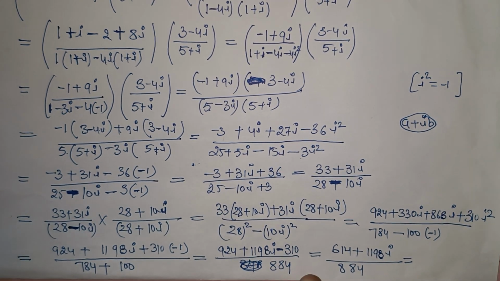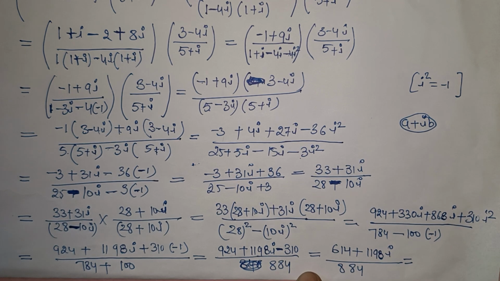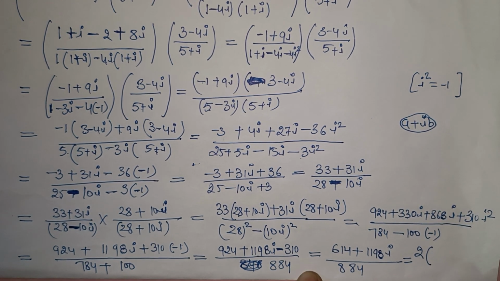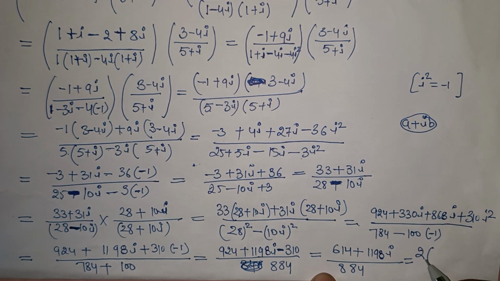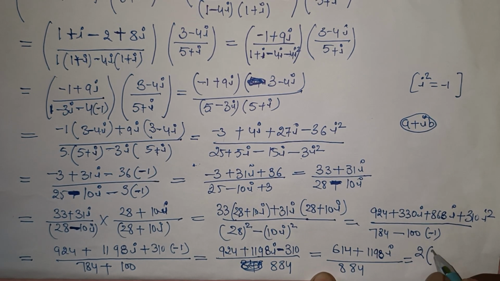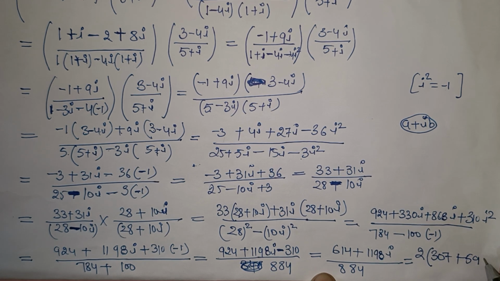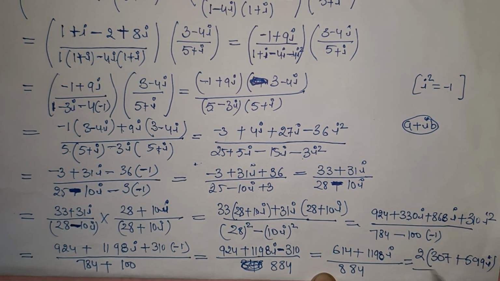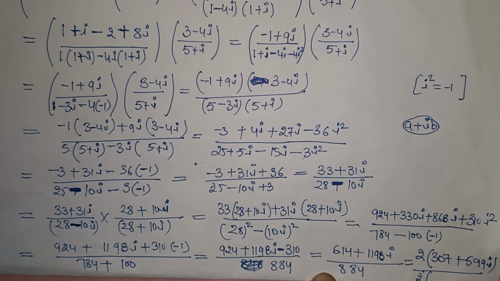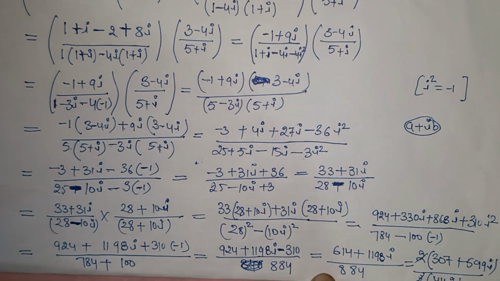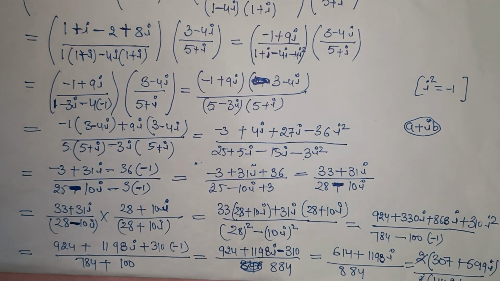Now we can take 2 as common from the numerator and denominator. When we take 2 common, the terms change into 307 plus 599 iota, divided by 2 into 442, and the 2s cancel out each other.